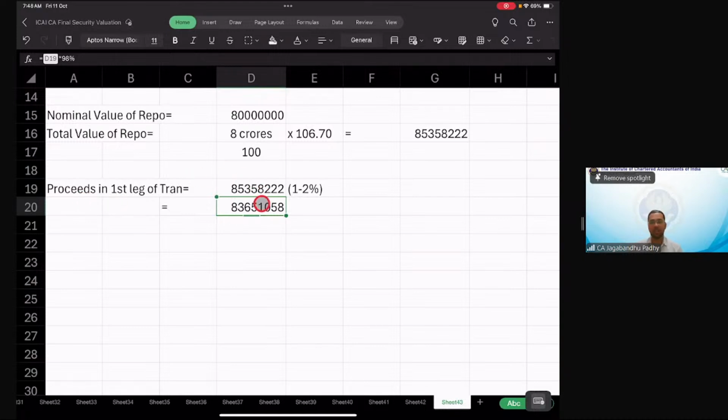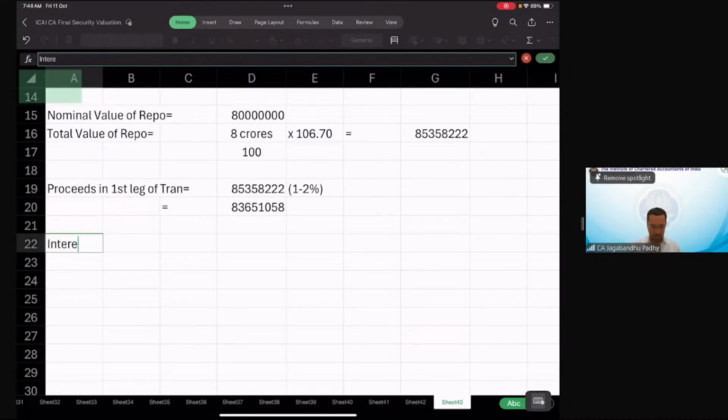Now, the second leg of the transaction will be the repayment. Of course, the repayment will happen after taking into account the interest which has accrued. So what is the interest payable under repo?